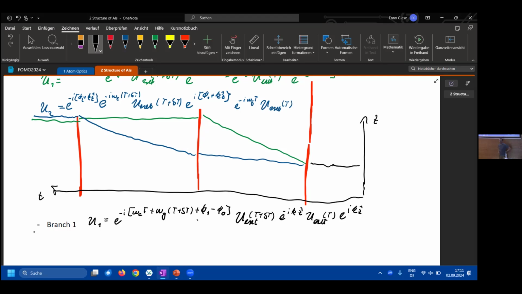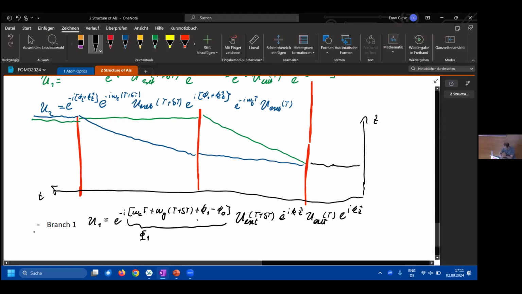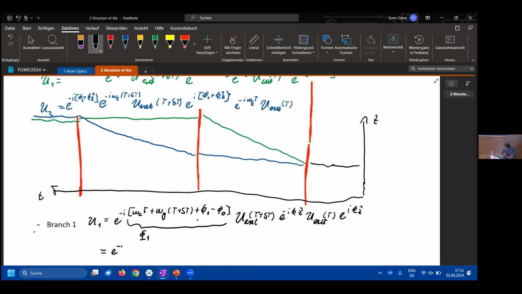Because it appears here. And what did we learn this morning? First of all, I don't want to write all of this stuff up here, so let's just call this phi 1, because it's just a phase. So we have e to the minus i phi 1.